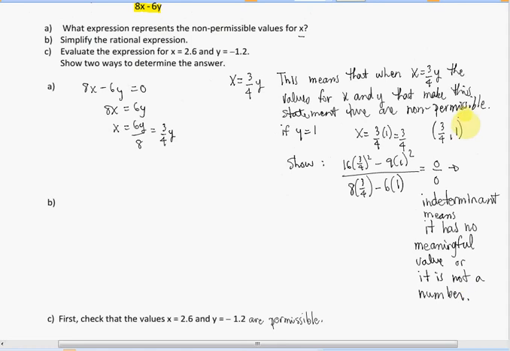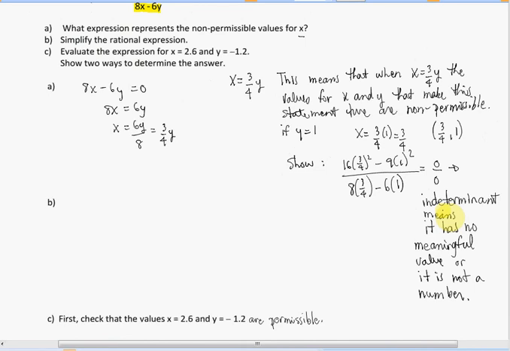And so when x is 3 over 4 and y equals 1, we consider that non-permissible, because it doesn't work out. I just showed you that right here. All right, so let's move on to B.